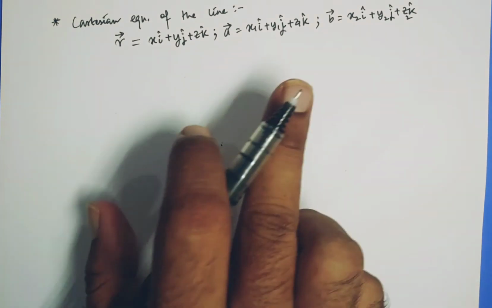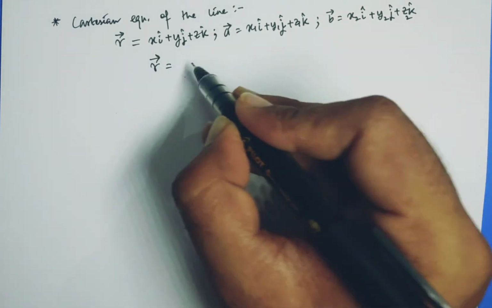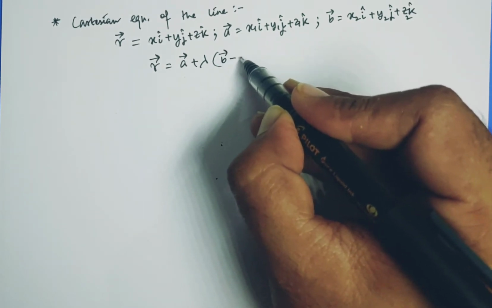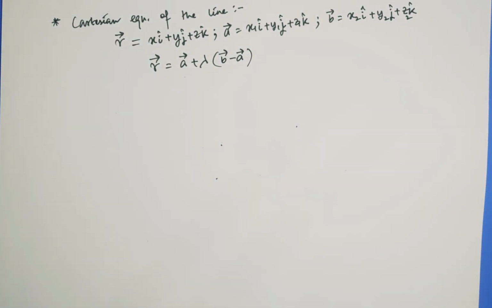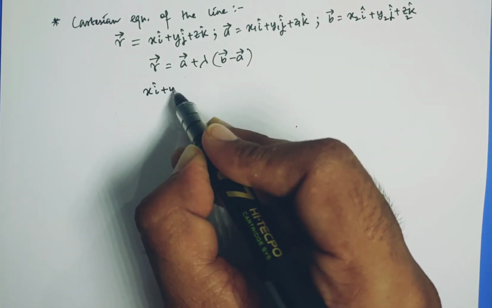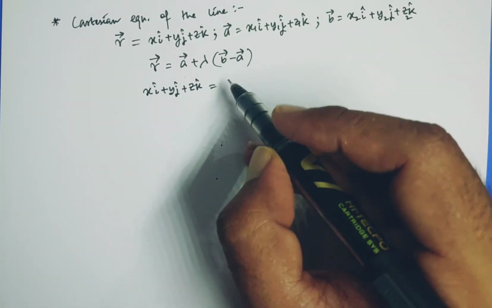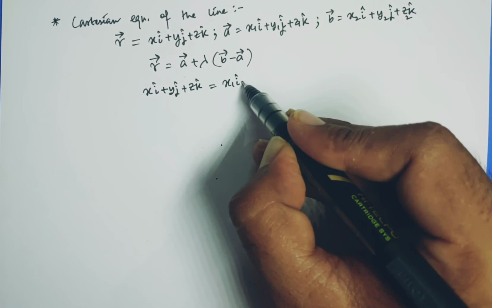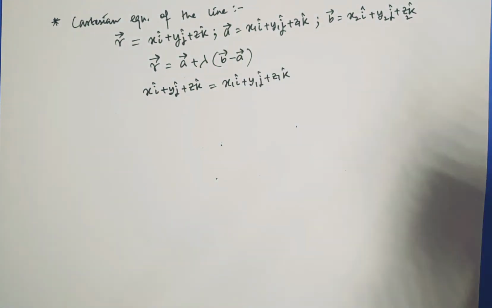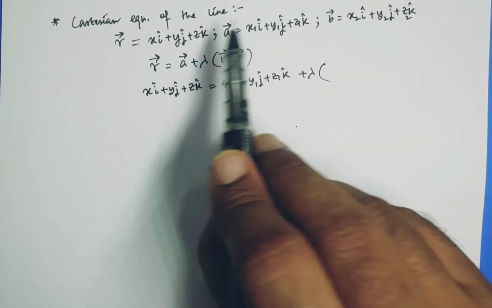Understood? So now let's put all of them in that equation. The vector equation was what? R vector is equal to A vector plus lambda times B minus A vector. This one was our equation, right? So what do I get? R vector is x i cap plus y j cap plus z k cap, and that is equal to x1 i cap plus y1 j cap plus z1 k cap, plus lambda times B minus A, which will be corresponding element subtraction.